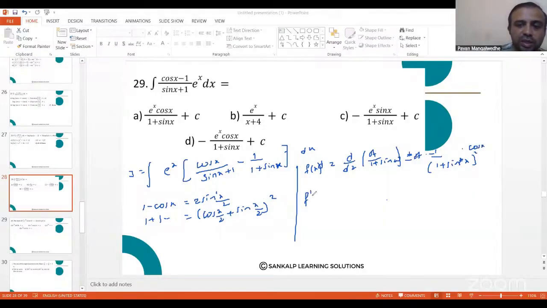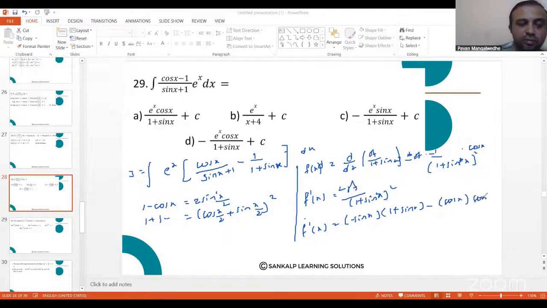So f dash x is equals to what? Minus a upon (1 plus sin x) the whole square. Using this integrating condition with respect to the UV method, which you should know, we get minus sin x into 1 plus sin x minus cos x into cos x, upon (1 plus sin x) the whole square.